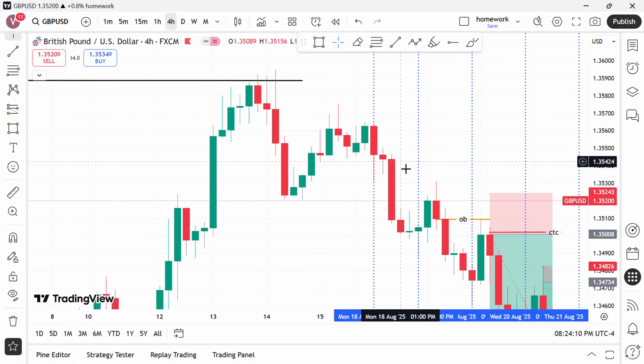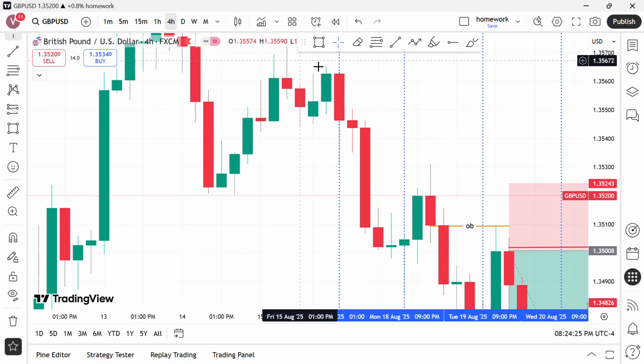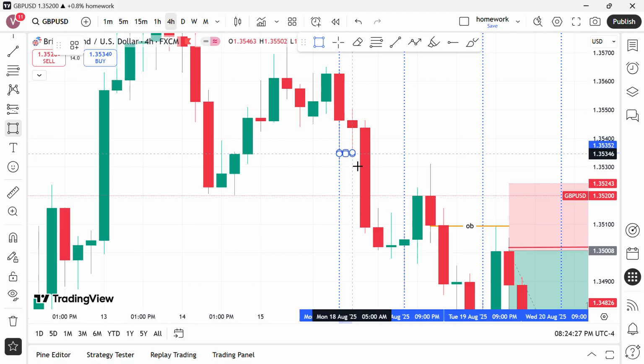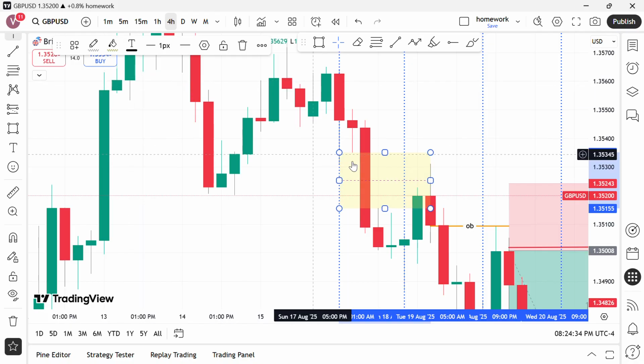So if we only stay back and observe what happened on Monday, you will see an FVG being formed here, and at the same time, let us draw the FVG. This is a 4-hour FVG, so we'll make it yellow.